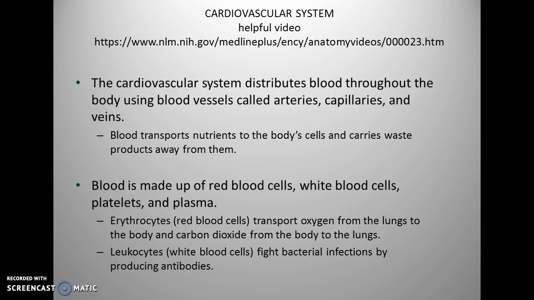What I have done here to help you in your study is place a link to a very short video that will give you a little bit more understanding of that particular system. So the systems that we're going to look at are the cardiovascular system, endocrine system, gastrointestinal system, the integumentary system.